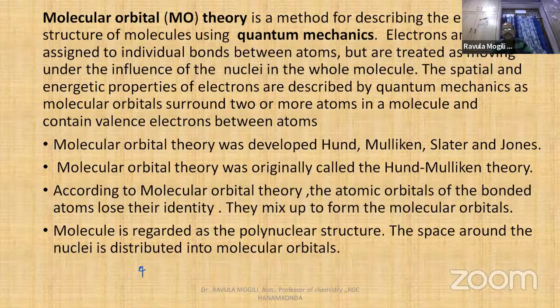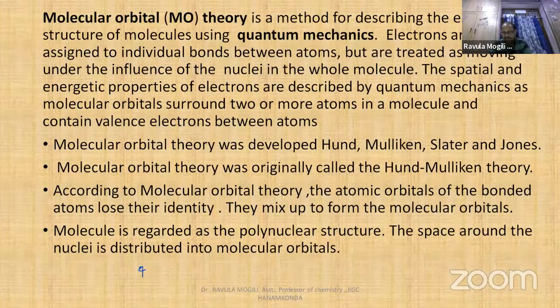So Hund and Mulliken developed, based on quantum mechanics, the molecular orbital theory. Molecular orbital theory is a method for describing the electronic structure of molecules using quantum mechanics.